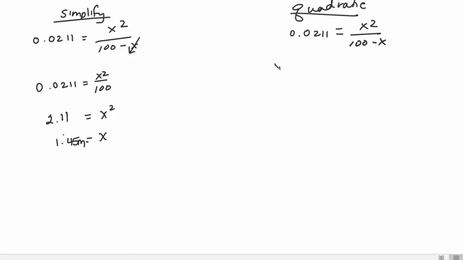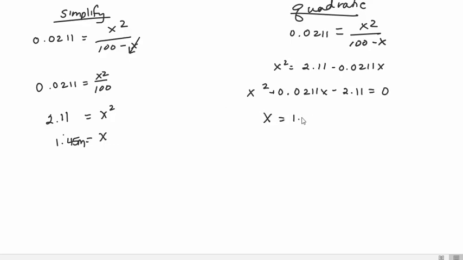Now when I run the quadratic, I get x squared equal to 2.11 minus 0.0211x. Put everything on the same side so that it equals 0, and then use the quadratic formula. When I use the quadratic formula, I find that x is equal to 1.44 molar.